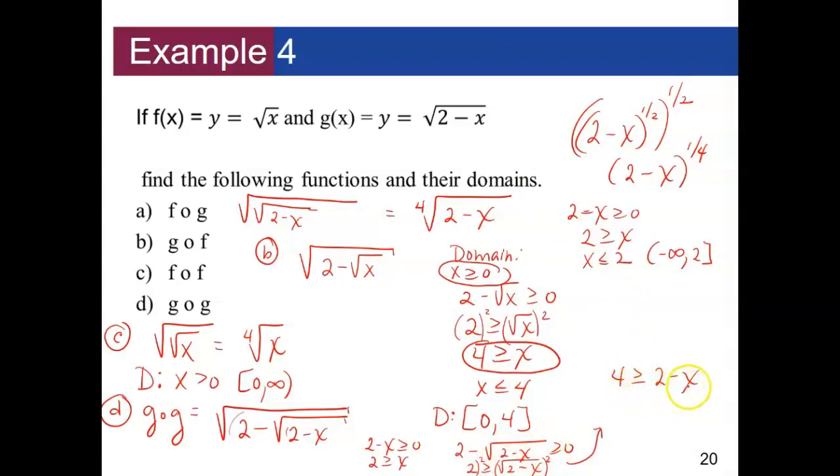So here I'm going to move my x over here and move my 4 over there. So I get x has to be greater than or equal to -2. And I've also got that x has to be less than or equal to 2. So my combined domain, if I combine this one with this one, is going to be from -2 to 2 with brackets on each.